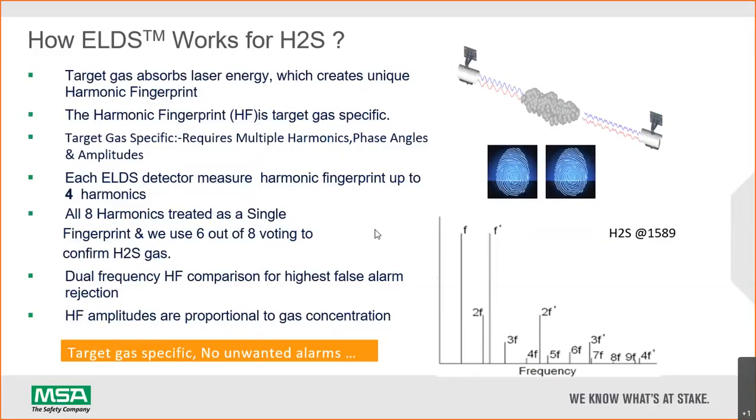Okay, so dual frequency harmonic fingerprint comparison for highest false alarm rejection. That is what it is. So if you are going to measure H2S, you need to have 2 lasers, and then we use 6 out of 8 voting. So many things we do to ensure that there is an H2S gas leak and measure it, and there is no unwanted false alarm.